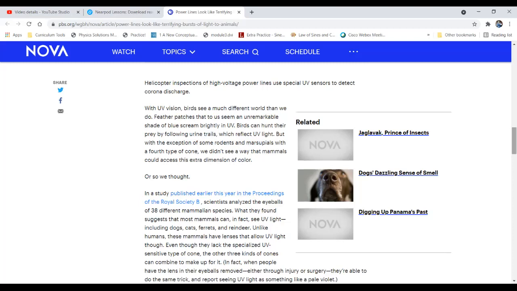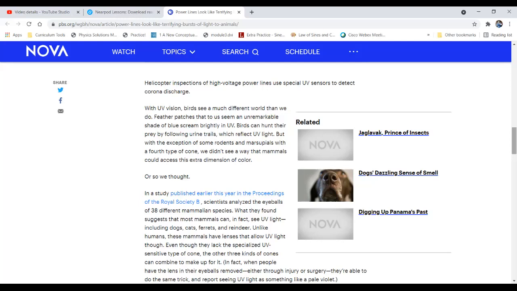And so here if you're reading, feather patches that to us seem an unremarkable shade of blue are really very, very bright in the UV world. And birds can hunt their prey following urine trails, because if you've ever watched a crime show, you know that the urine reflects in UV light.